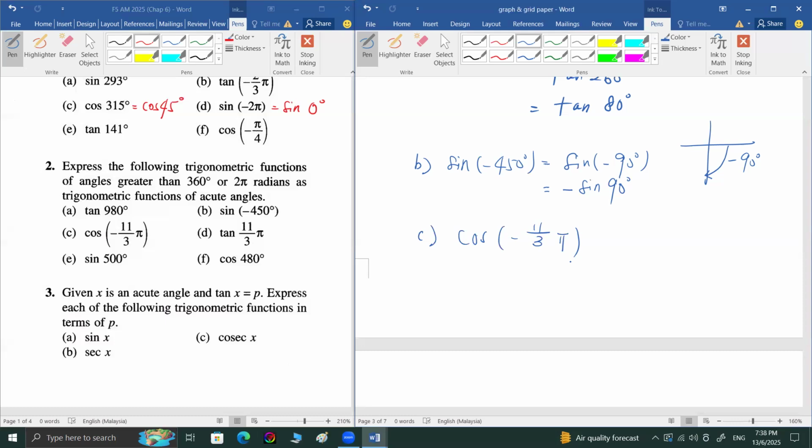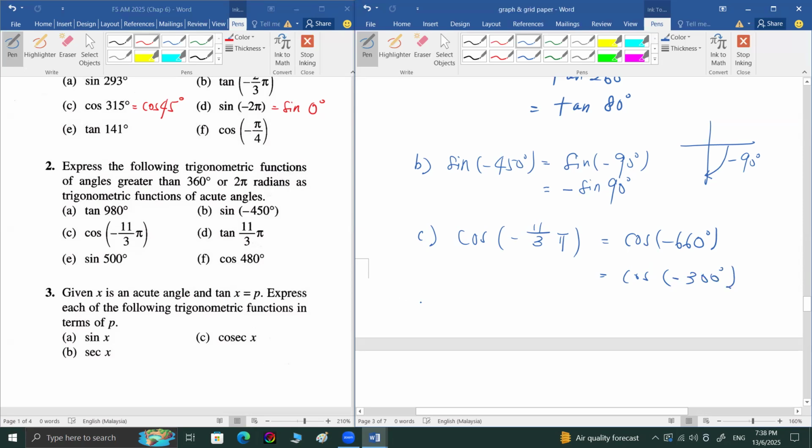So 11 over 3, you multiply 11 over 3 pi times 180 over pi. So I get 660. Follow negative 660, yeah? 660. So means it's more than 1 round. 660 minus 360, we got 300.